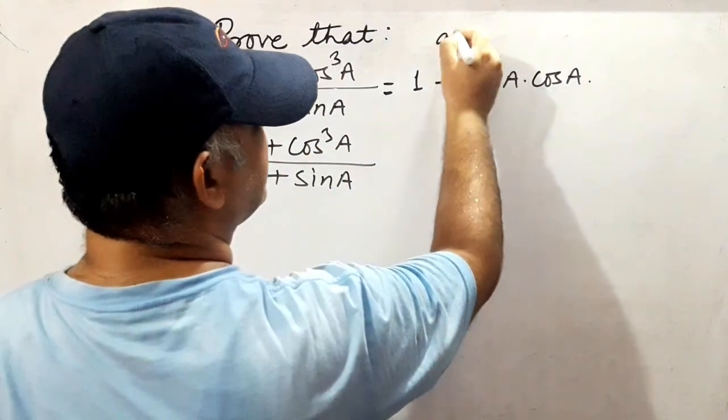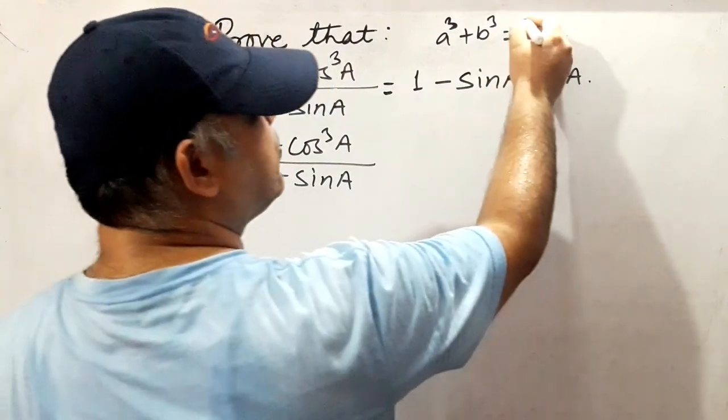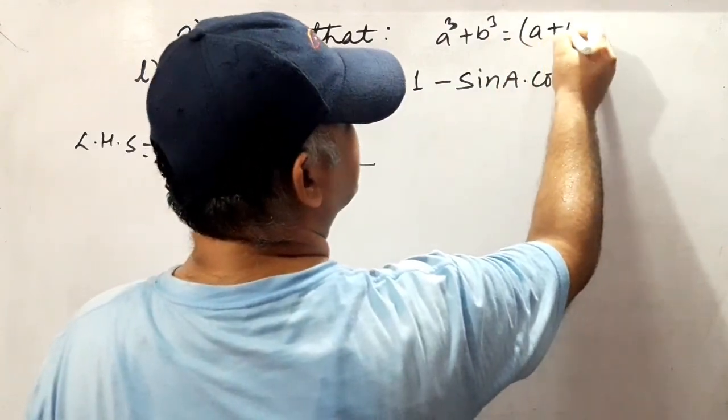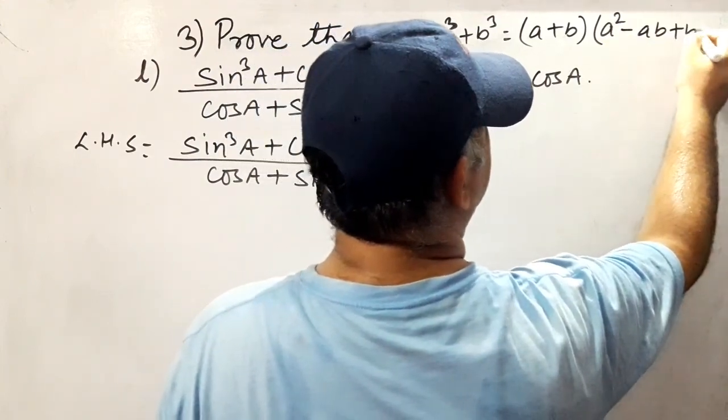What is the formula of a^3 plus b^3? a^3 plus b^3 is equal to (a plus b)(a squared minus ab plus b squared).